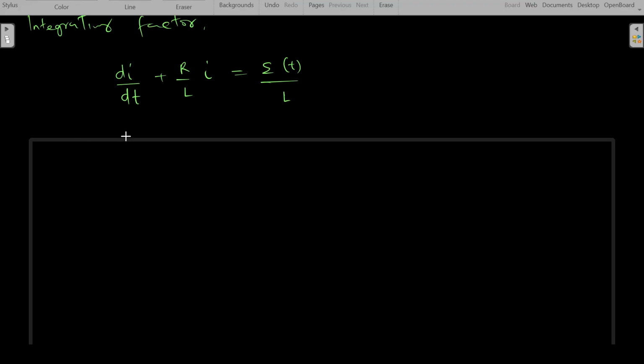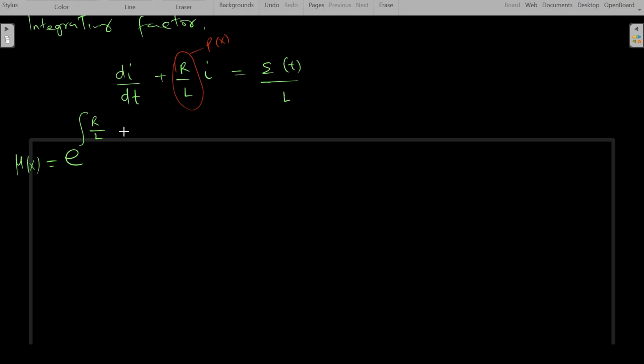From this point, remember, these are P of X. So we'll say our integrating factor mu of X should equal the exponential raised to the integral of this P of X, which is R over L.